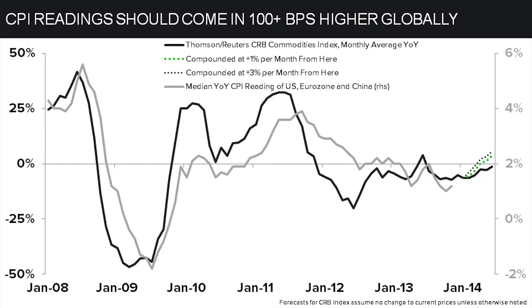The first one is called inflation accelerating. Now, if you look at this chart, we're going to show you two specific things, which is the CRB index, which is the black line, and then the second line, which is the gray line, is the median year-over-year consumer price inflation reading. Put another way, consumer prices. And our call last year, interestingly, but maybe not surprisingly, is basically a reversal of that.